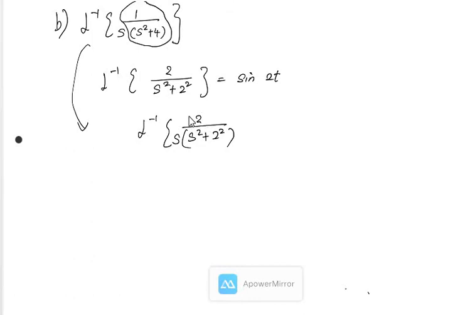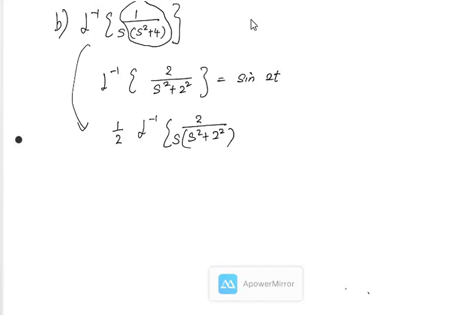We don't have 2, we only have the value of 1. So we must remove this 2 by dividing by 1 over 2. Now if you cancel out this 2 and 2, you will still get the same value. That is what I mean here. So now the format is the same.